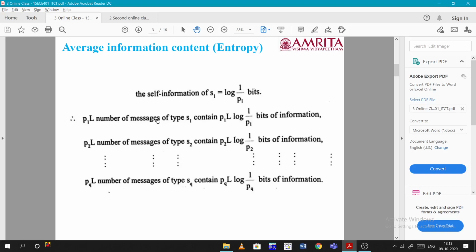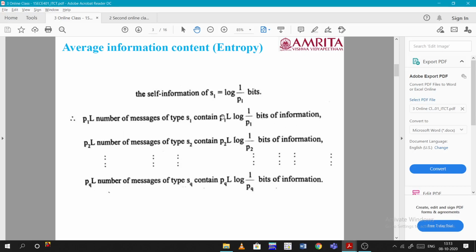Similarly, PQ into L messages of type SQ contain PQ L into log 1 by PQ bits of information.